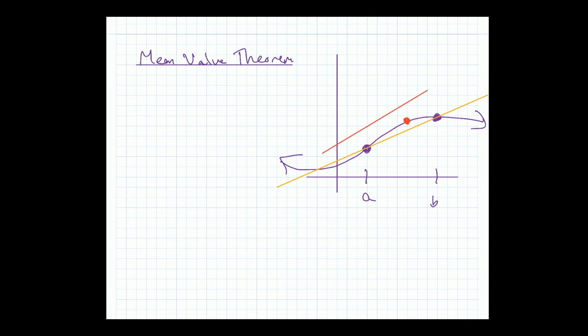That didn't happen there, but that's not what I wanted. Yeah, close enough. Okay, so your f prime of c is going to be the same slope as the slope of the other line. So those are supposed to be parallel if I drew them correctly.